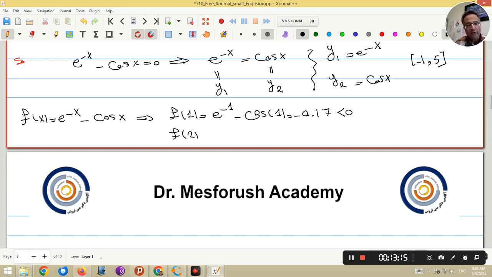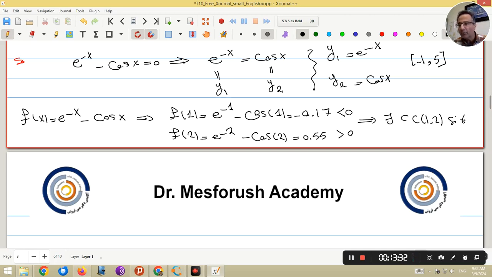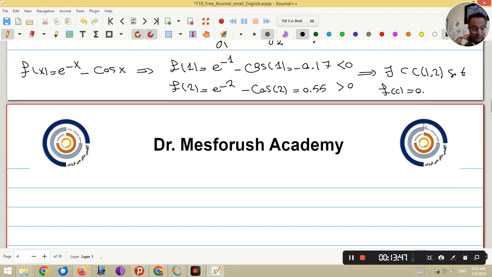And f of 2 is e to the power of -2 minus cosine of 2, and this is 0.55, this is greater than 0. So there exists c in the interval 1 and 2 such that f of c equal to 0. The intermediate value theorem guarantees the existence of the solution.